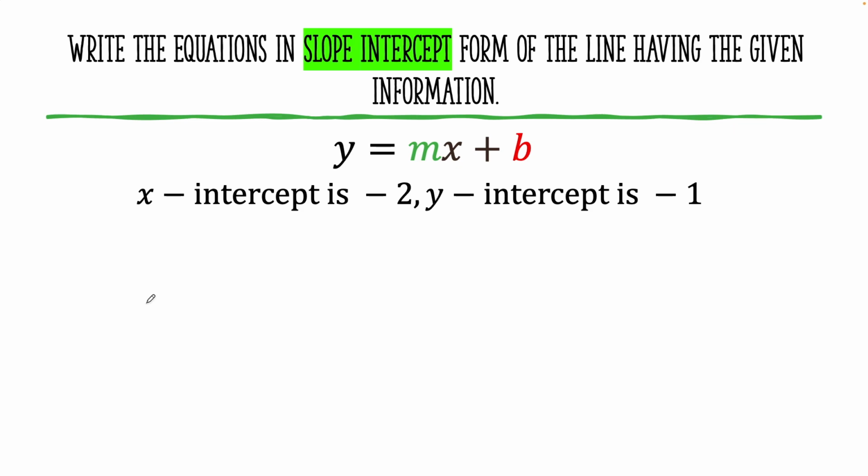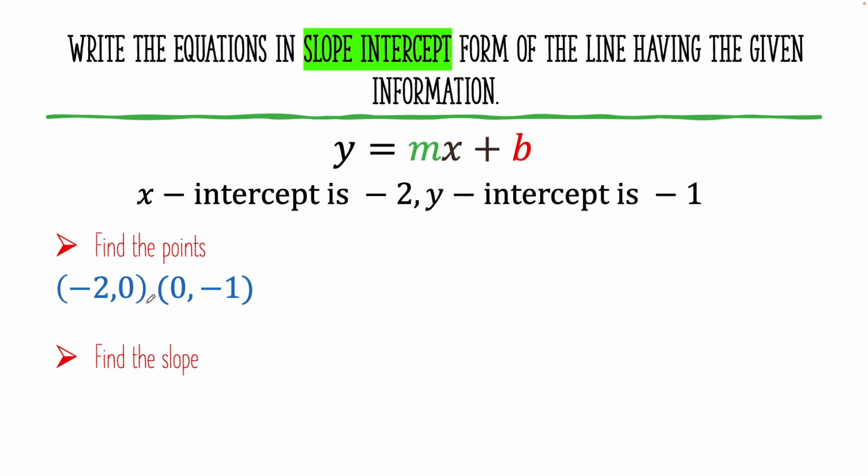All right, we're getting close to the end here. So we need another slope-intercept form, but we know that the x-intercept is -2 and the y-intercept is -1. Well, what does that mean? First of all, let's translate that into 2 points. If the x-intercept is -2, that's (-2, 0). And if the y-intercept is -1, that's (0, -1).